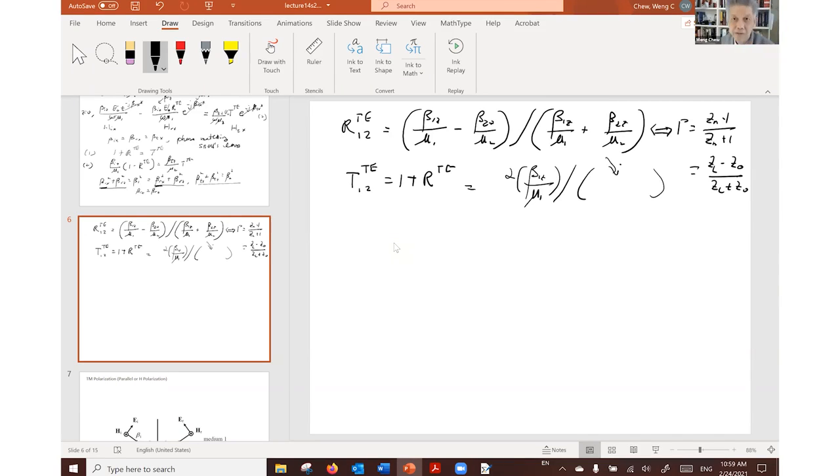Then in order to memorize this coefficient very easily, I would think of the first term as always related to region 1 and the second term as always related to region 2. And you just take the difference of these two numbers divided by the sum of these two numbers, and you will get this reflection coefficient and transmission coefficient correctly, and these are known as Fresnel reflection coefficients.